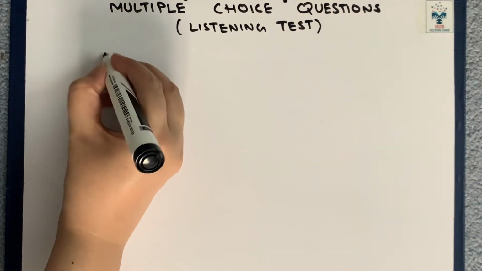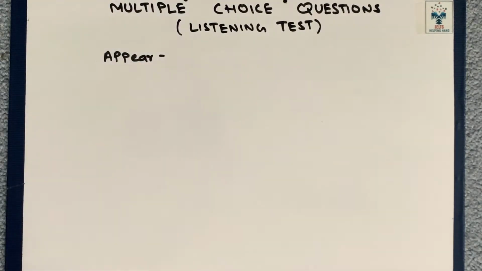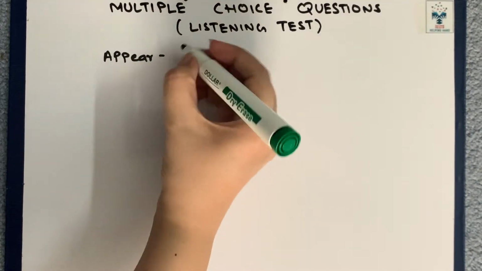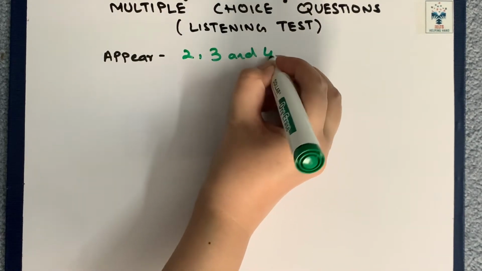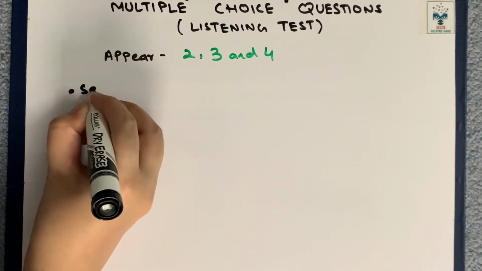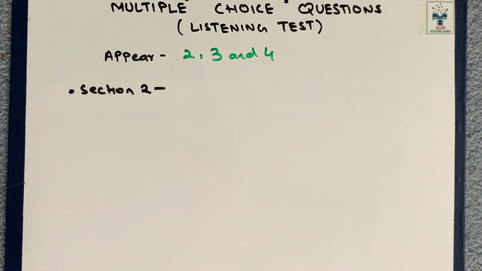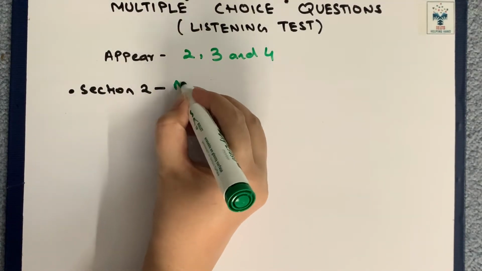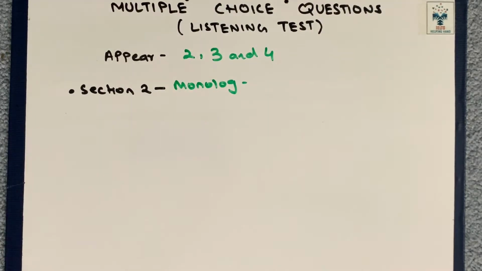These questions usually appear in sections 2, 3 and sometimes in section 4 too. Section 2 is a monologue, which means there is only one speaker in the audio.